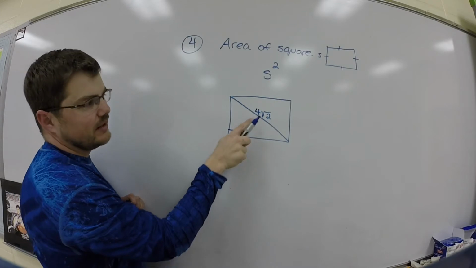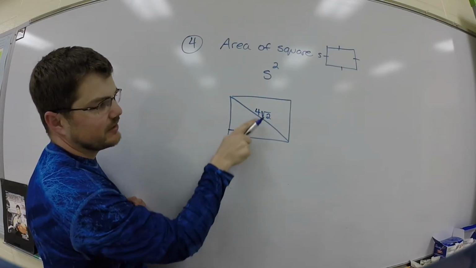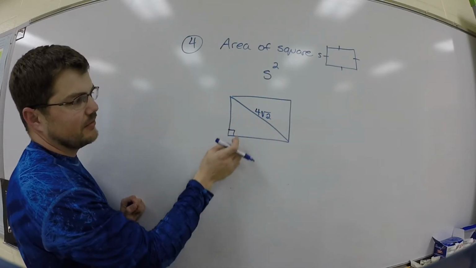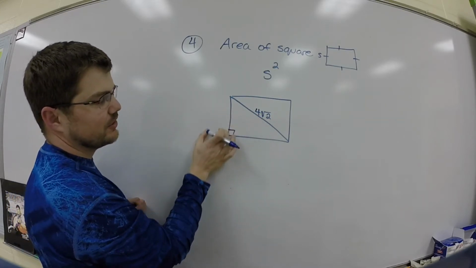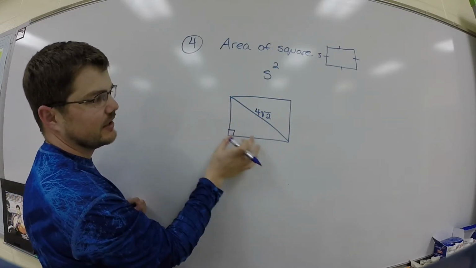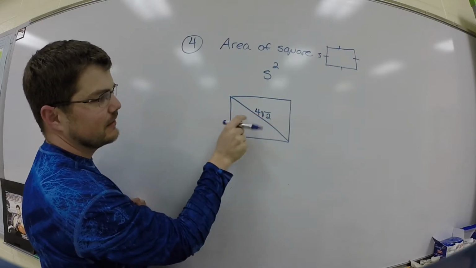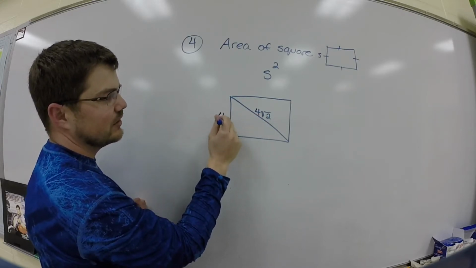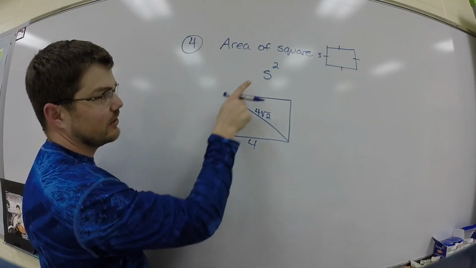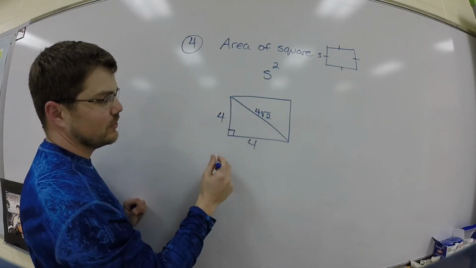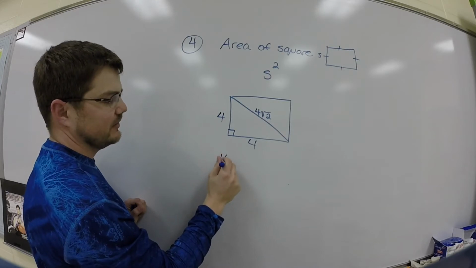So we can figure out what the legs are based on the hypotenuse. In a 45, 45, 90, the hypotenuse is x times root 2, or whatever the length of your legs are, times root 2. So my legs are going to be 4. And for the area of this square, we just say our side squared, 4 times 4. That will be 16.